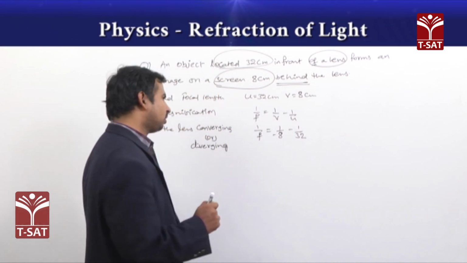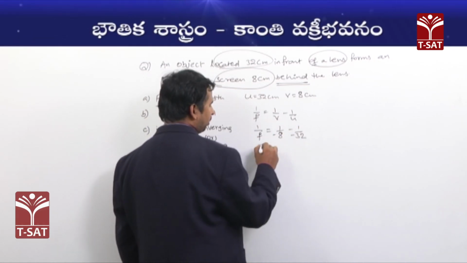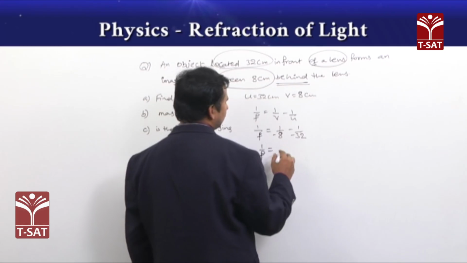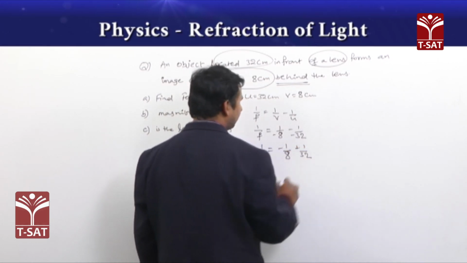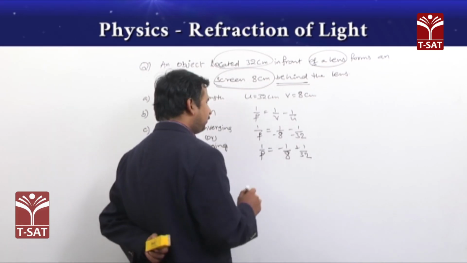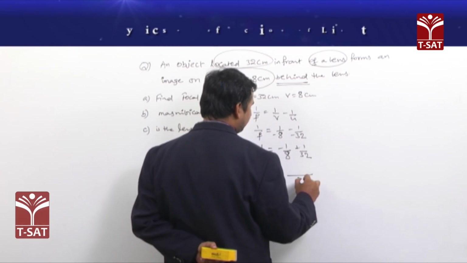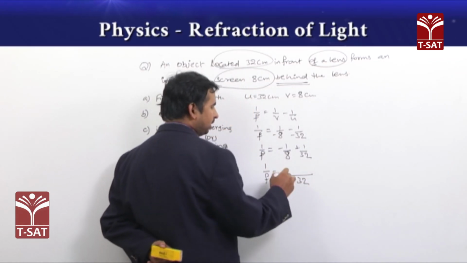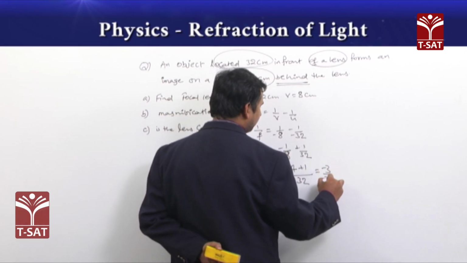Then 1 by f is equal to, here in this case, object distance is always negative. Then 1 by f is equal to minus 1 by 8, and minus of minus becomes plus 1 by 32. If you take LCM here, 32 is the LCM, then minus 4 plus 1, which is minus 3 by 32.